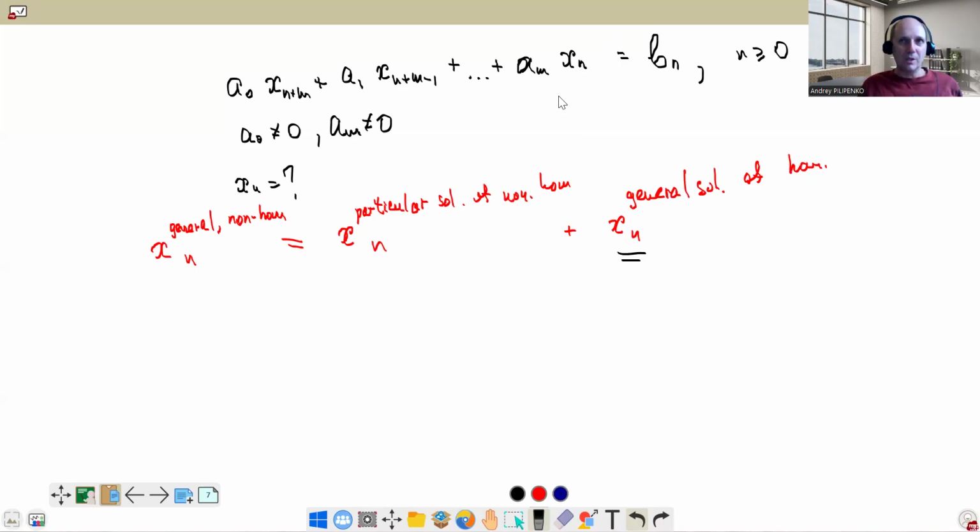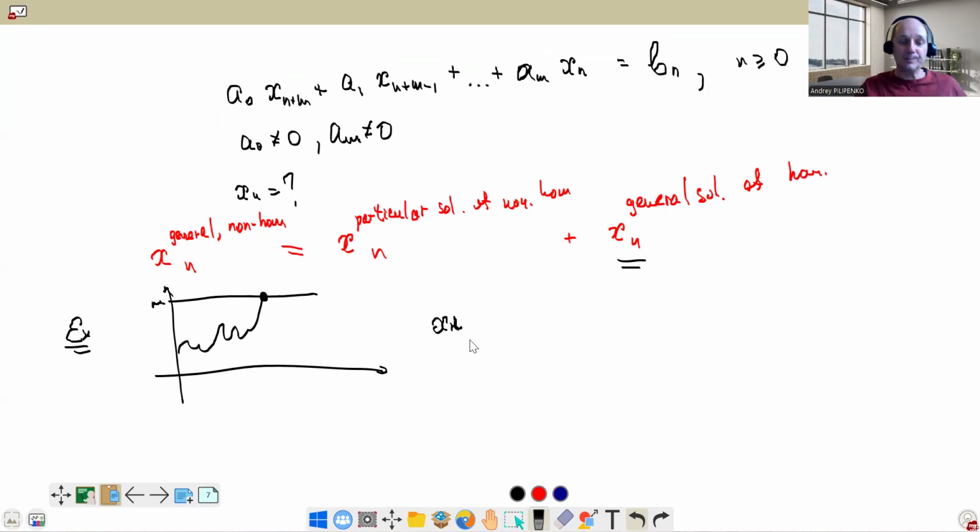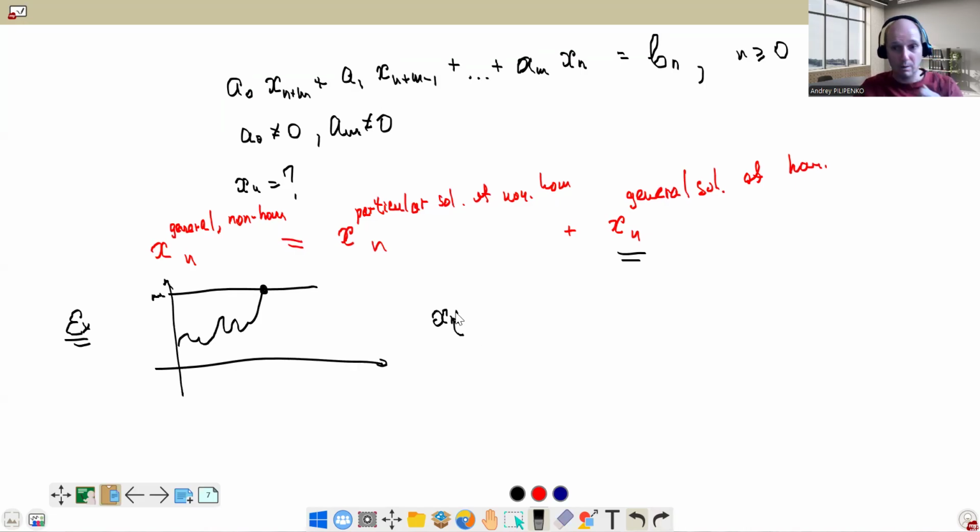So to find the general solution of this, we may guess or find somehow a particular solution of this. And let me write down now a motivation example, and then a concrete example when we will guess a solution. And the example is this. We consider the same random walk as before, so plus minus 1, and we wait until we hit m or 0, and let x sub i be the expectation of tau 0 minimum tau m.